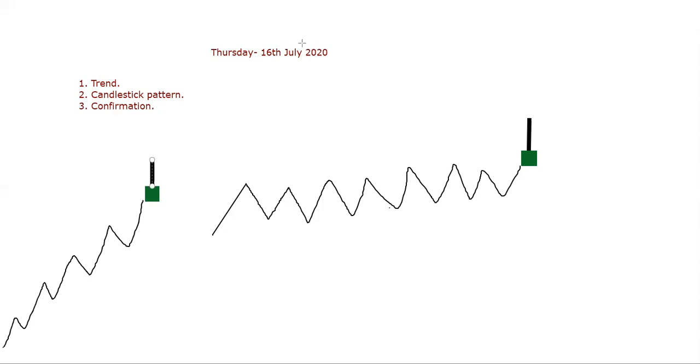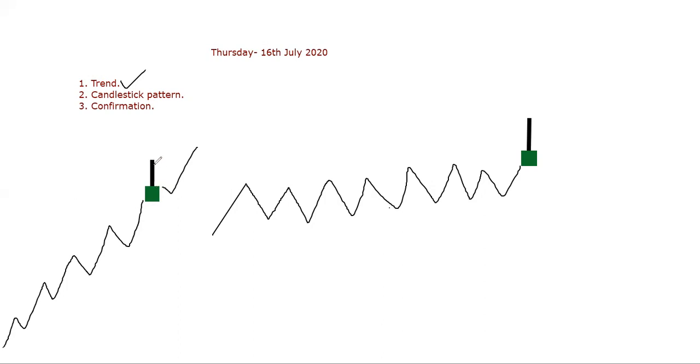Which one is a stronger candlestick pattern? You can clearly say that this is the stronger one. Why? Because you clearly see a strong uptrend here. So we have got the trend, then we have got the candlestick pattern, which is a shooting star in this situation, saying that price is not ready to go further high.